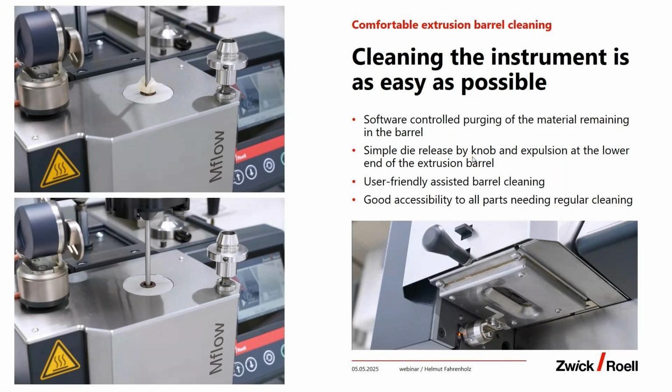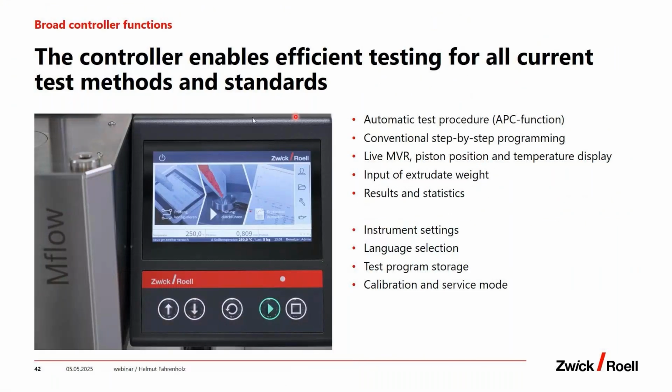Yeah, the controller, I already talked about it. It is always inbuilt. It does all the test procedures. It can do conventional, we call it step-by-step programming, where you program every step. But it also can do something we call the APC function. This is a function where you just tell the machine, I want to measure a material, for example, where I expect a melt flow rate of 8.